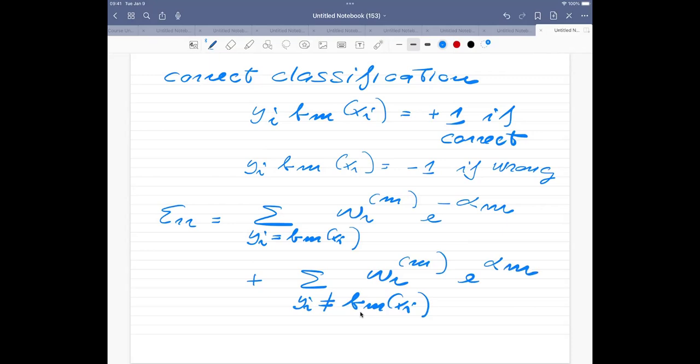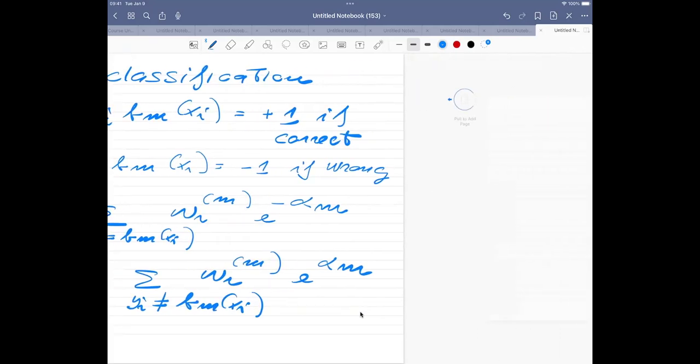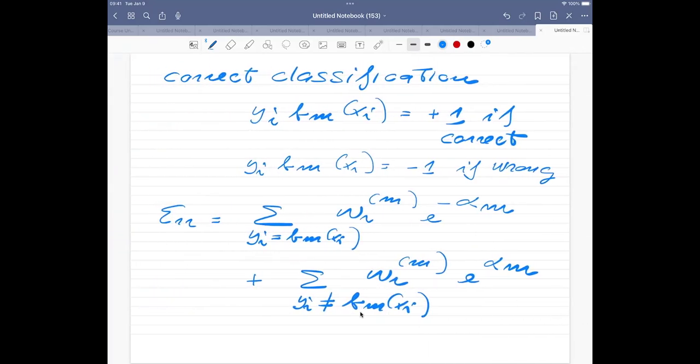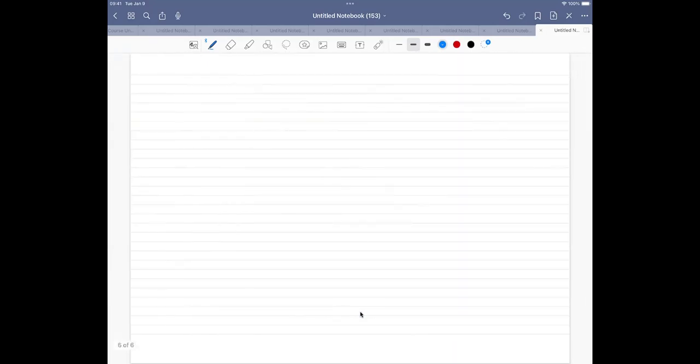Then I can manipulate this function here, and what we are going to get is a final equation for these unknown parameters alpha. So we can rewrite this function in terms of the following. I can simply sum over all the correctly classified ones plus the wrongly classified ones, so just run over all the data.